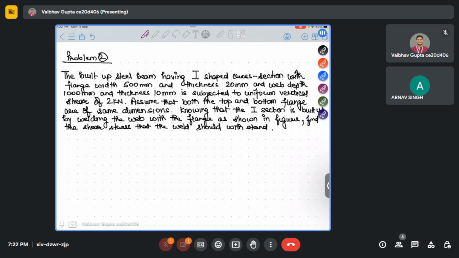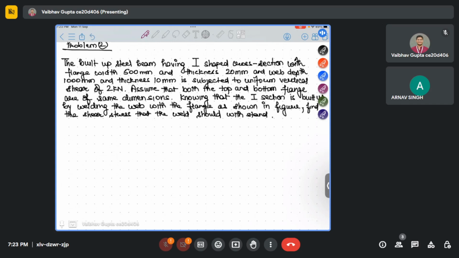Here they have already given the vertical shear of 2 kN, Vy. Assume that both the top and bottom flanges are of the same dimension. So it's a symmetric I section. Knowing that the I section is built up by welding the web with the flanges as shown in the figure, find the shear stress that the weld should withstand.